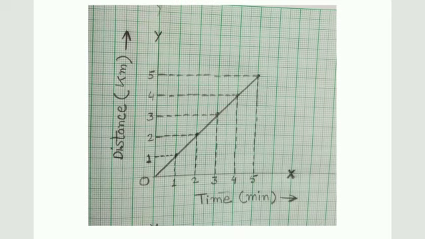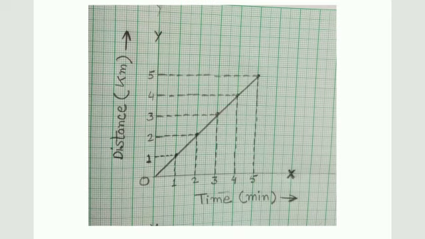OY is distance, 0 or call it O, OX is the time axis in minutes, distance is in kilometers. We suppose 0 to 1, then equally, gradually we point out 1, 2, 3, 4, 5, and just like that time also 1, 2, 3, 4, 5.